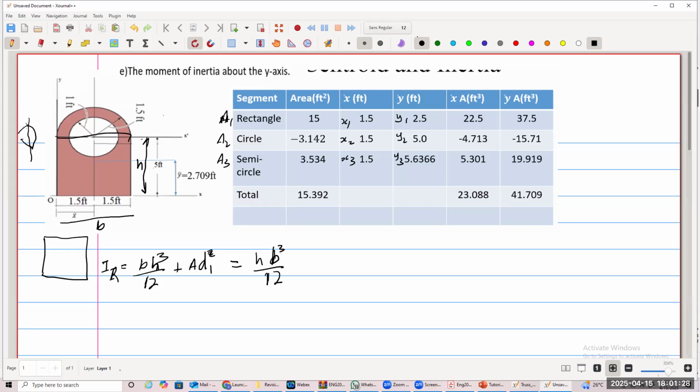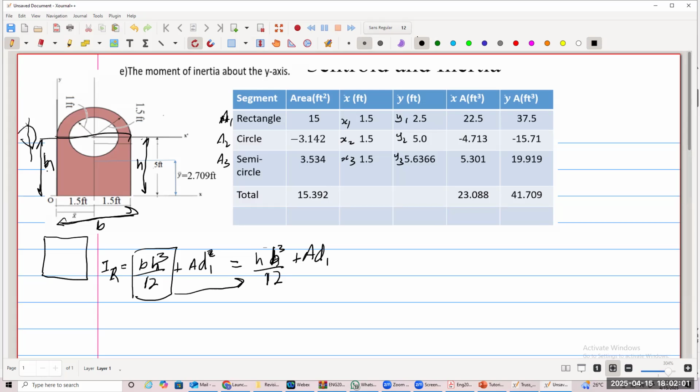They switch places because this is now your h, this is like your base, and your b becomes like your height. You can't use it in this form, so you switch them around, plus a times d1 squared.